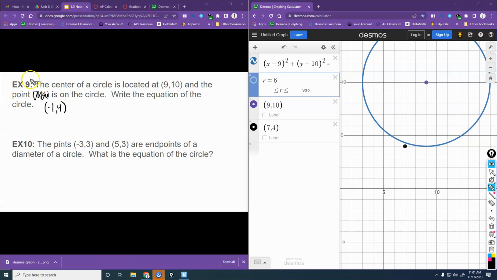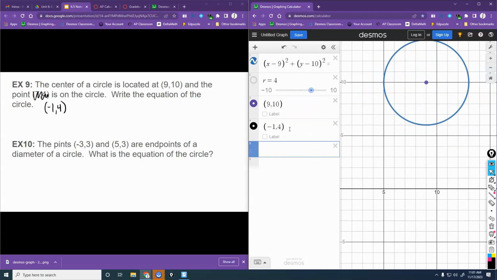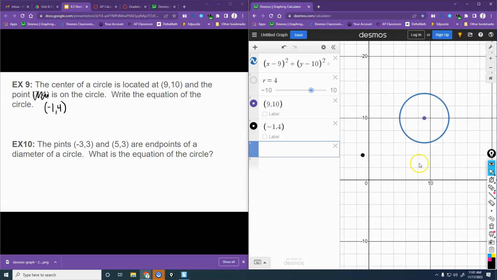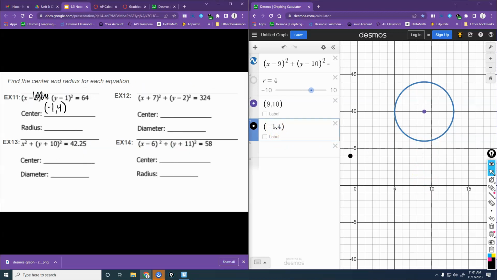So if I have the point negative 1, 4, whenever I get that slider right there, why didn't I graph it? Oh, that's not negative 1, 4. I'm zoomed out too much. That is the point 9, 4. Make that a 9, 4. Sorry.